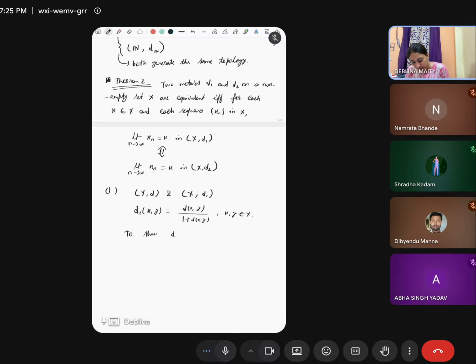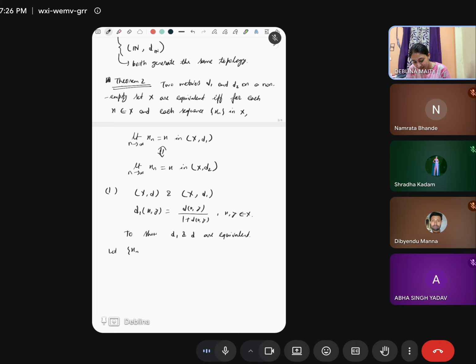To show d and d1 are equivalent, meaning they generate the same topology, we'll prove this using the theorem.